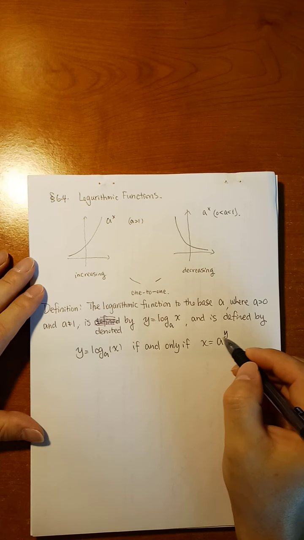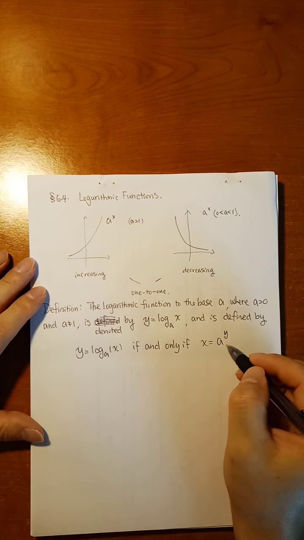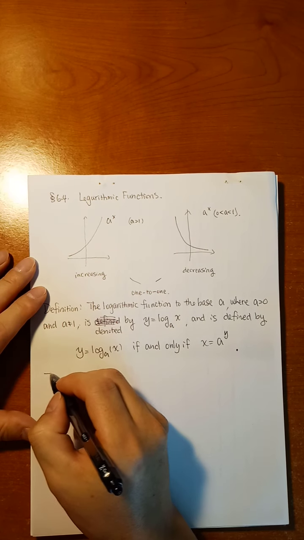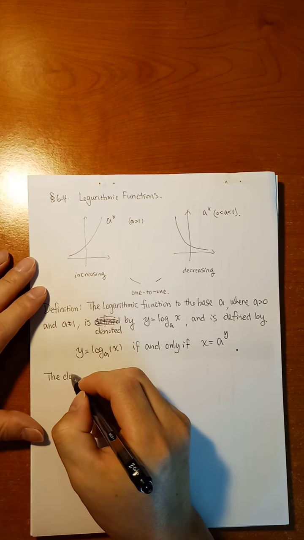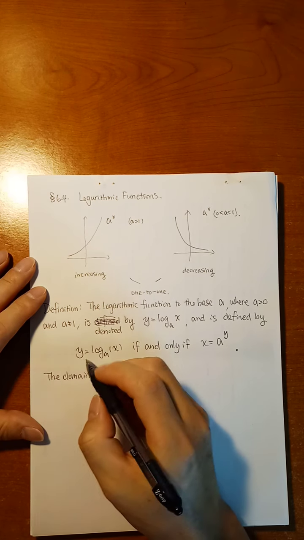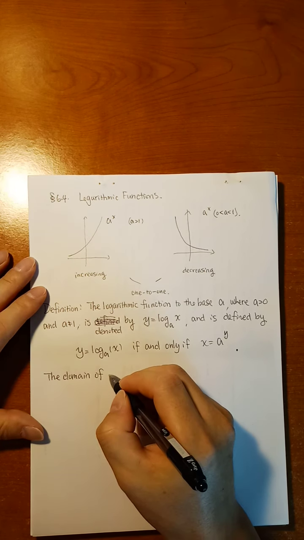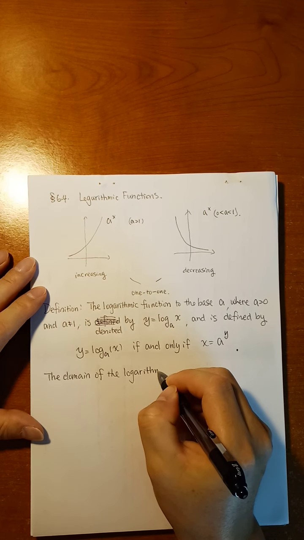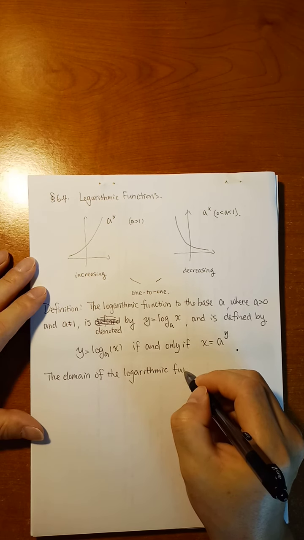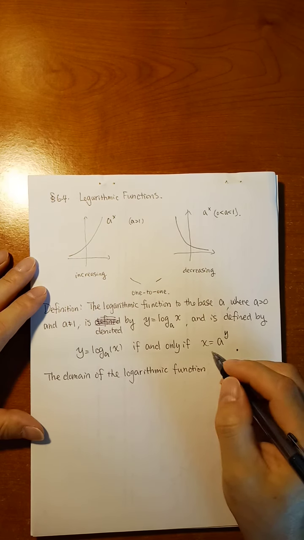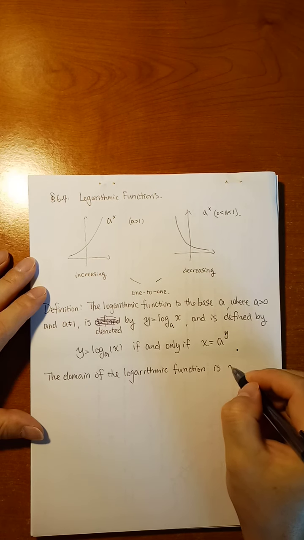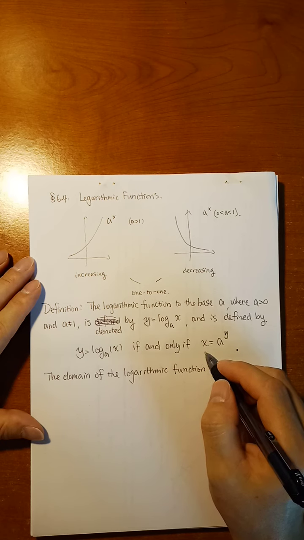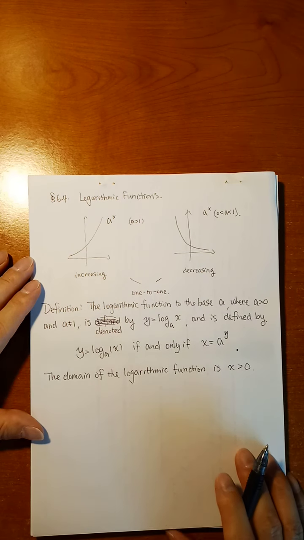So x is the range of the exponential function, and so it is the domain of the logarithmic function, which is x greater than 0. The range of an exponential function is greater than 0, so here the domain is greater than 0.